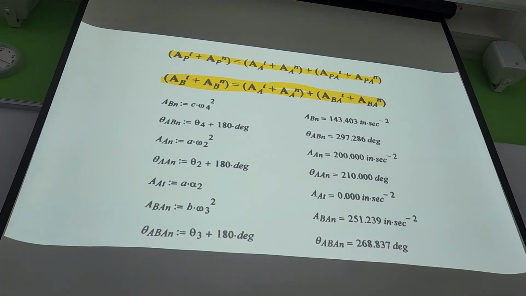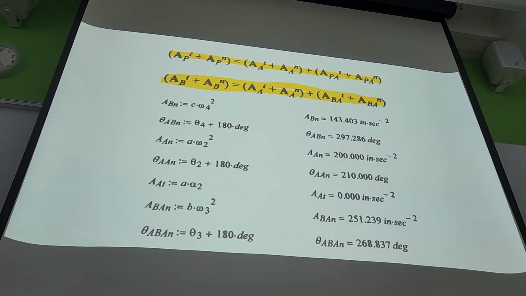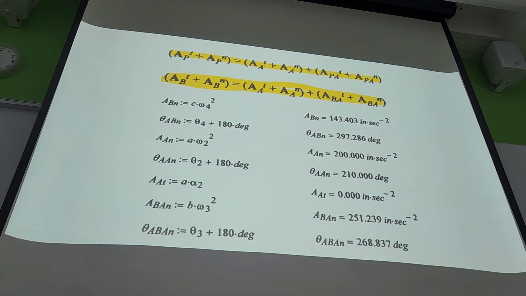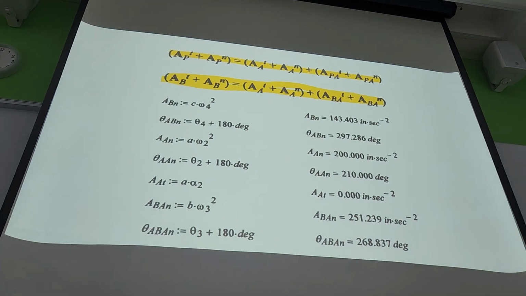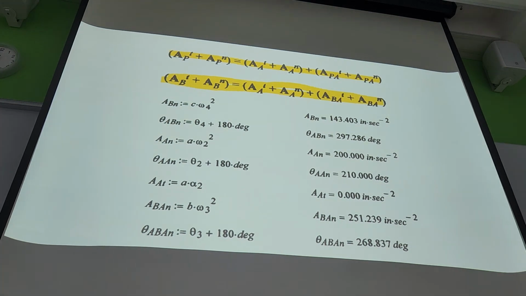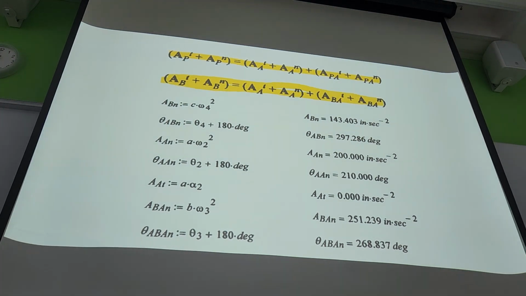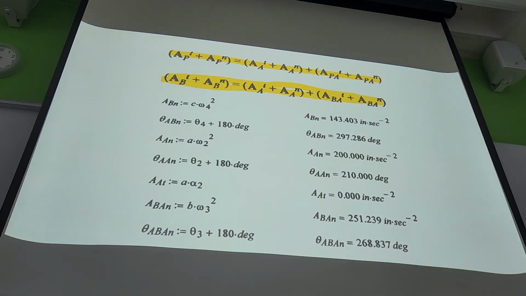Now we calculate acceleration of BA, normal component. The acceleration of BA normal component is AB into omega 3 squared. Omega 3 is the angular velocity of link 3. You calculate the magnitude, then the direction also you know.